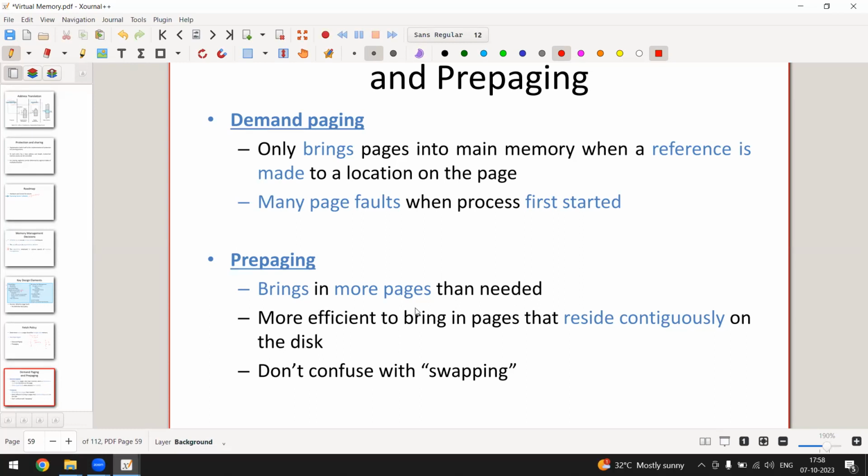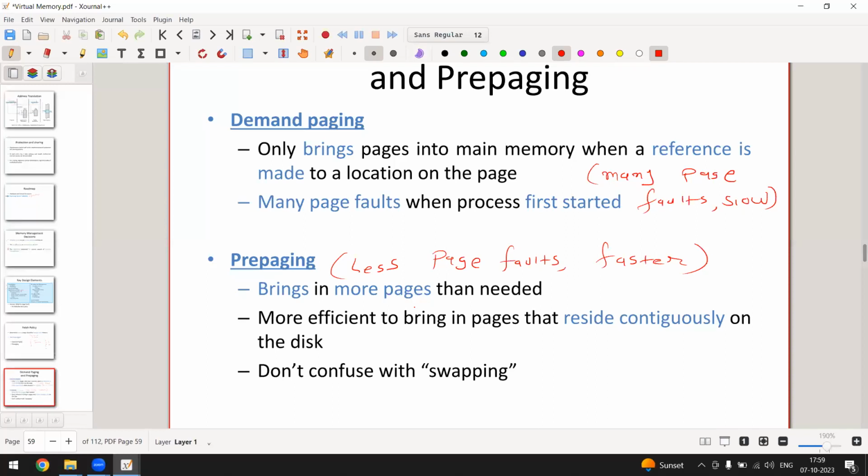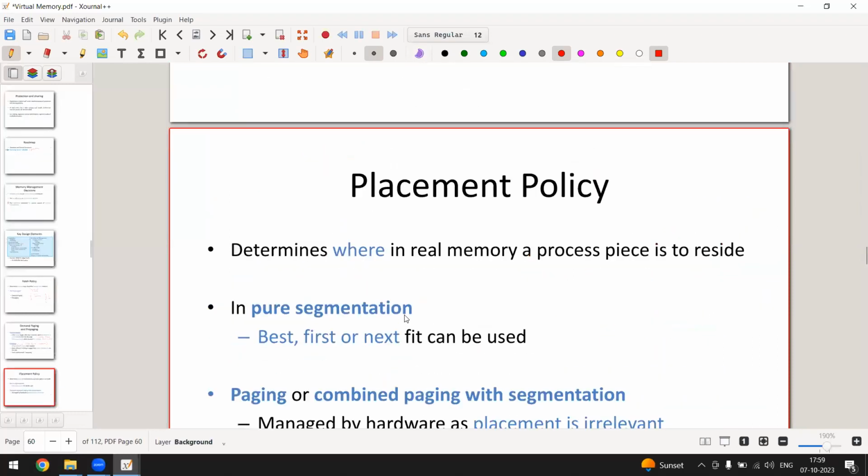But performance is faster. So in case of pre-paging, there will be fewer page faults and faster access. In case of demand paging, many page faults and slow execution. So this is about demand paging and pre-paging in your fetch policy.